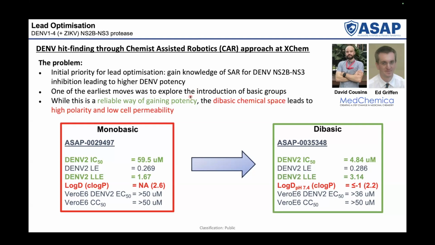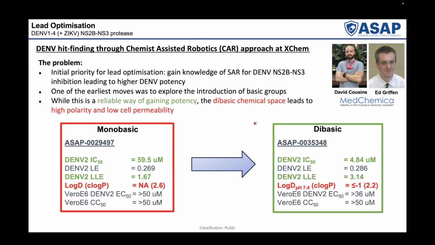What they did with this initial approach was they added a bunch of basic groups to one of the vectors. I can't share any of these structures with you because it is confidential. This was a way to gain reliable potency. You can see moving from the monobasic to dibasic form. But the problem with this is that it increases the polarity, and also gave issues of reducing the permeability in cells.